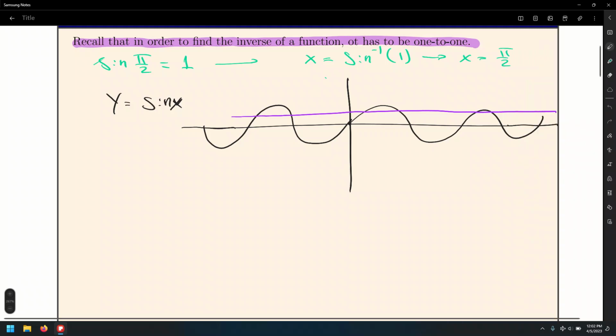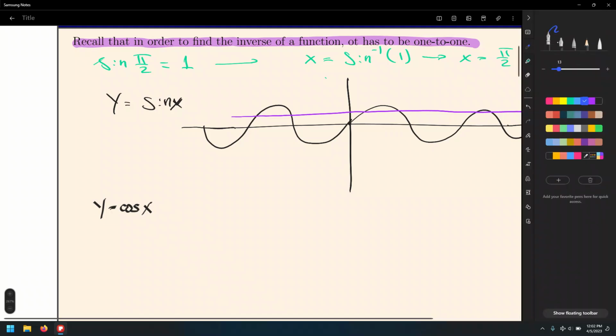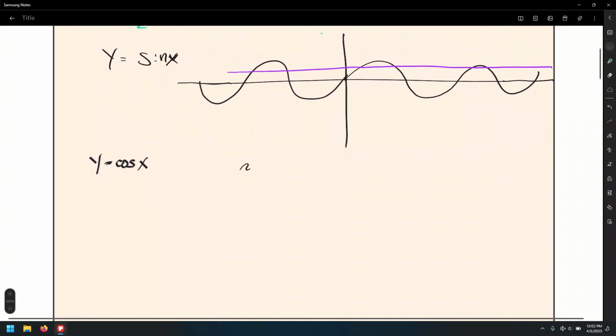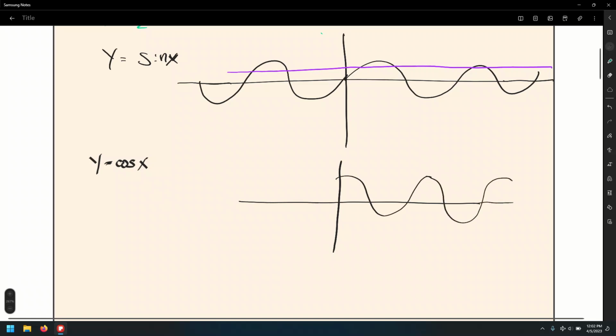All right, so y equals cosine x, whose graph looks very similar to that of sine. However, one cycle looks like this, and you may go ahead and do more cycles to the right and to the left.